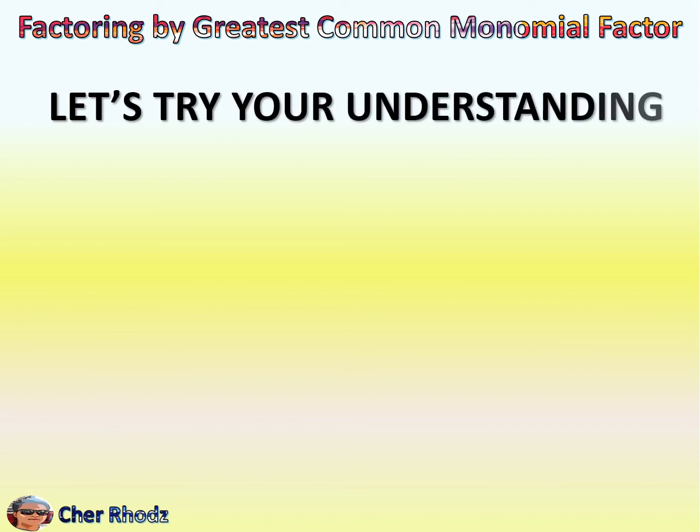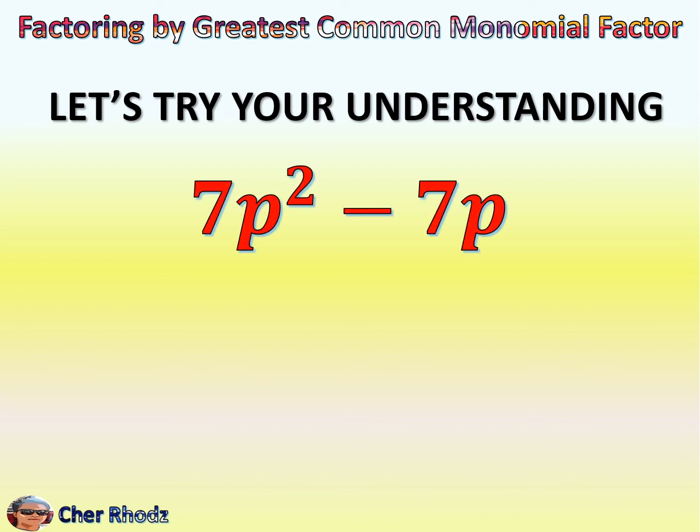Now let's try your understanding. Get a piece of paper and try to solve the given problem. 7p squared less 7p. I will give you 20 seconds to solve the given problem. Get ready to the countdown.